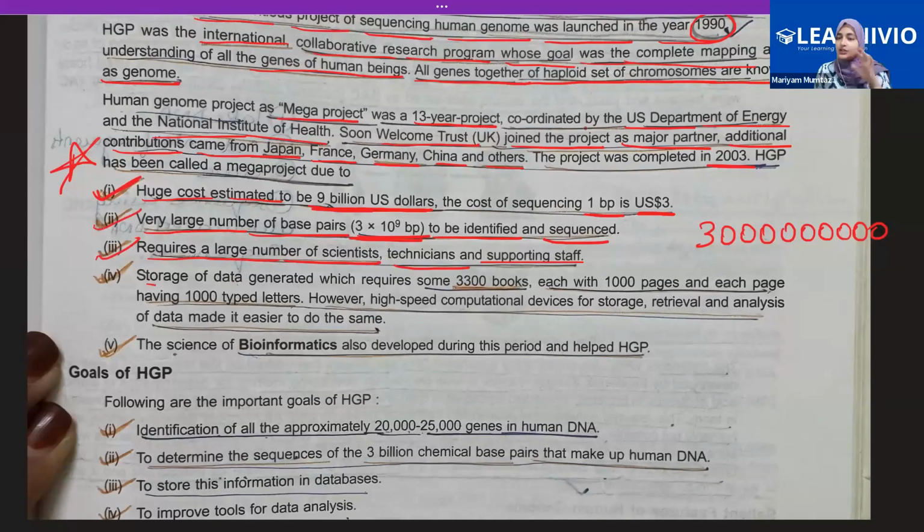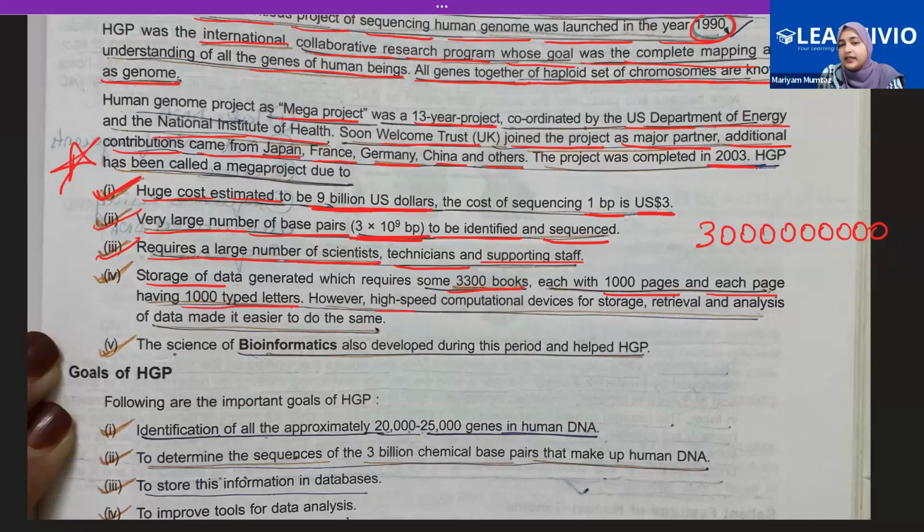Then the storage. Once you are done with the project, you have to store the data. So the data had to be generated and stored. This required 3,300 books, each containing 1,000 pages and each page having 1,000 typed letters.